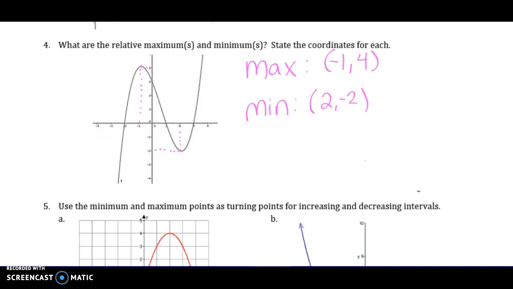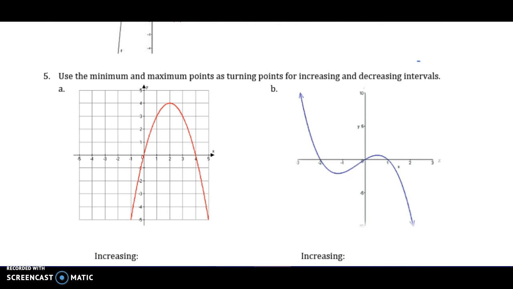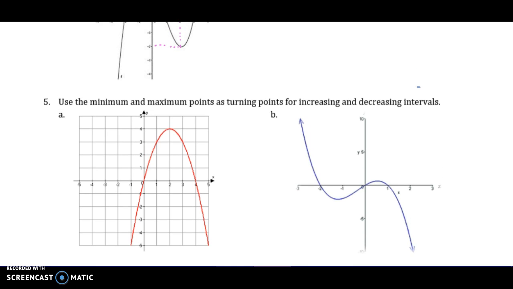Part of why we have to identify them is because they are going to then help us to determine our increasing and decreasing intervals. The maximums and the minimums are the turning points. What you see is that the function is increasing until that point and then decreasing, or vice versa.